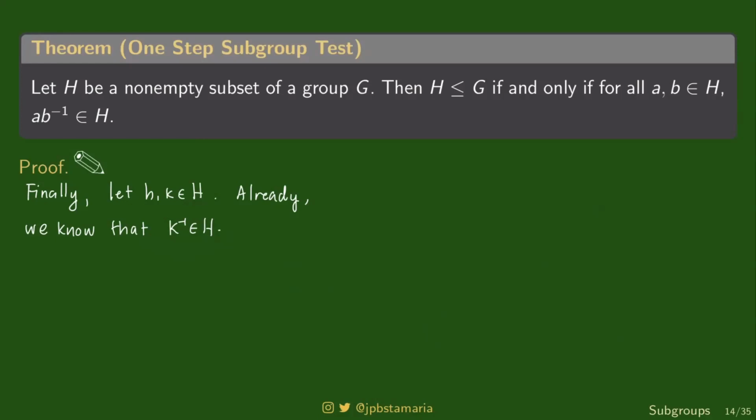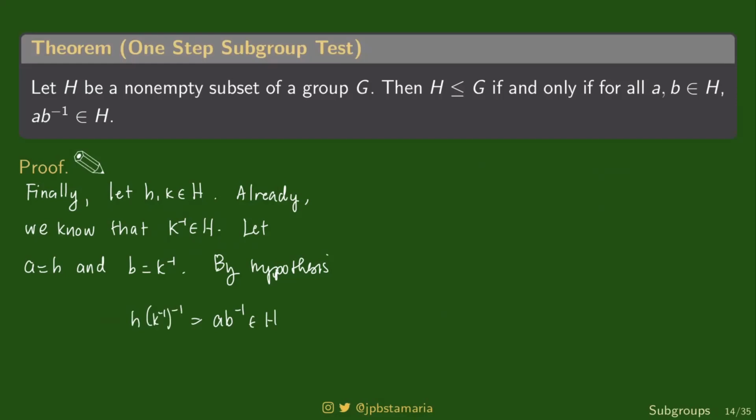Okay? O, ganito. Ay, sorry. Let A be H and B be K inverse. By hypothesis, once again, ano sabi ng hypothesis? Sabi ng hypothesis, dapat yung AB inverse nasa H. But what is AB inverse? AB inverse is H, K inverse inverse.